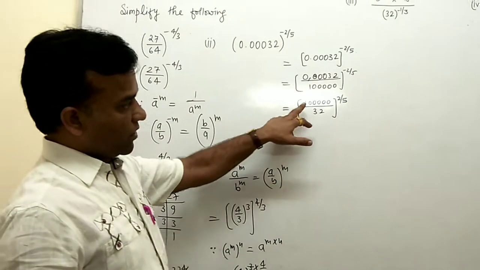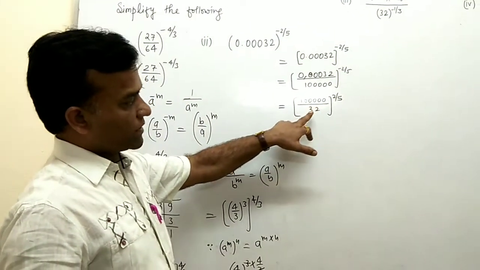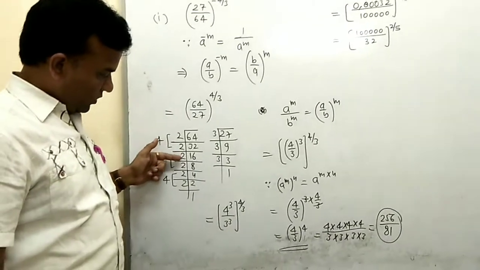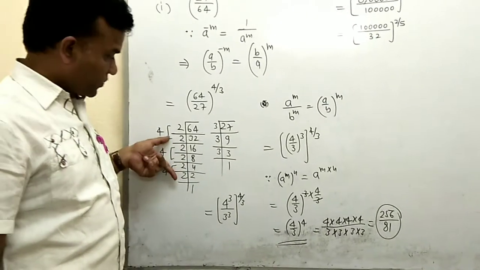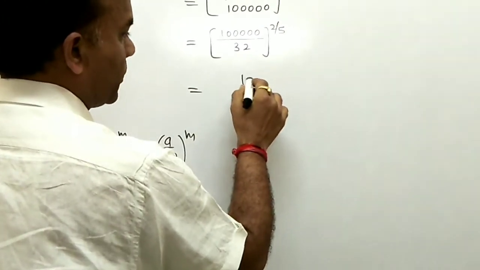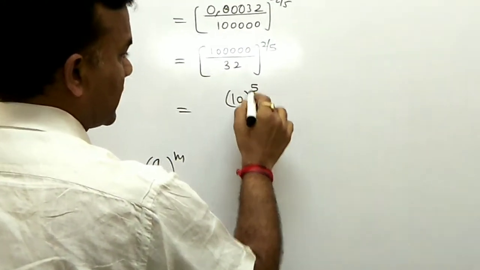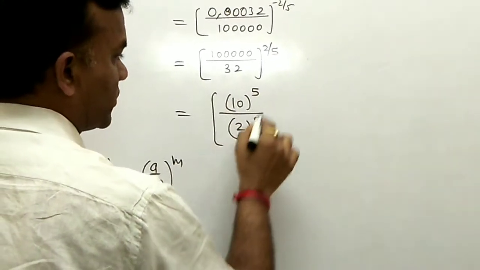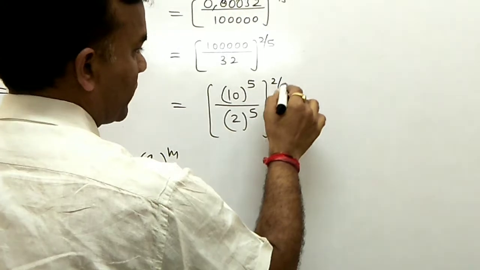And then we know that 10 is 5 times, and 32 you break down, then we know that from here 2 into 2 into 2 into 2 into 2. So it is 5 times. So you write down 10 to the power 5, and also in the denominator you have 2 to the power 5, and whole to the power 2 by 5.